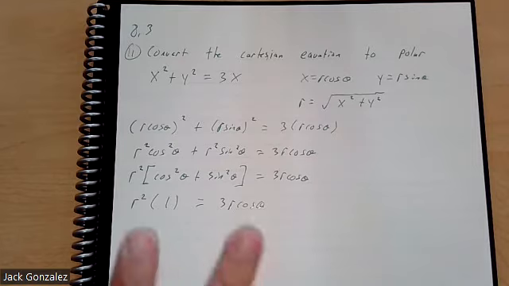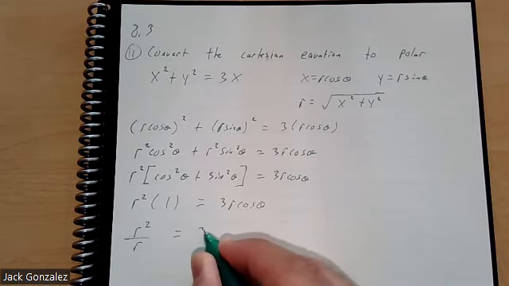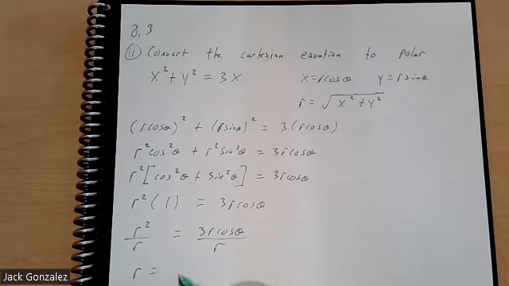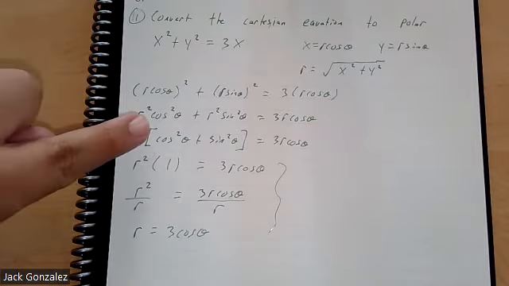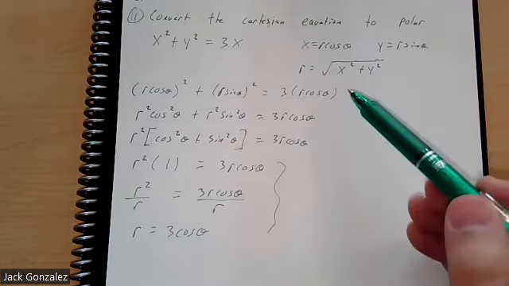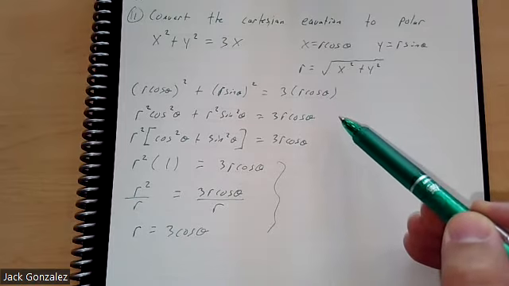You can divide both sides by r to make it a little prettier. So you get r equal to 3 cosine theta. I would accept anything right here. But if you miss an identity like that, you will lose some points. You'll have most of them for getting to here, though. That shows me you know what you're doing, you just didn't finish.